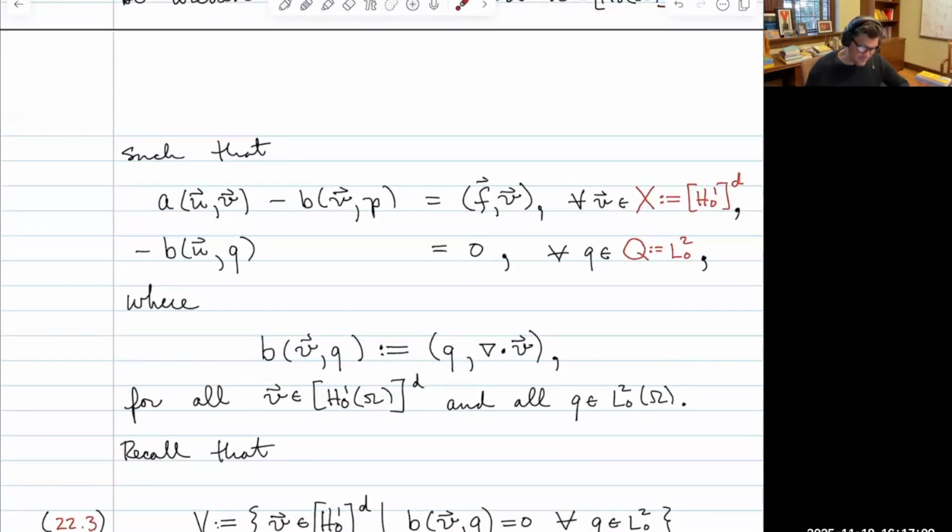What about our pressure functions? Our pressure functions are going to come from this space, Q, which is by definition L02. So these are mean zero L2 functions. Let me just remind you, L02 was defined as the space of all functions that are in L2, but also have mean zero.